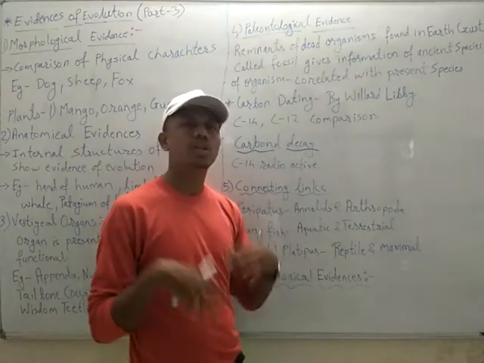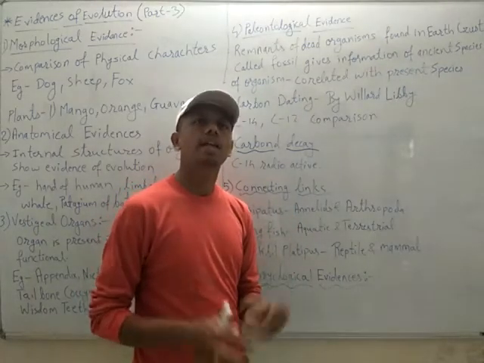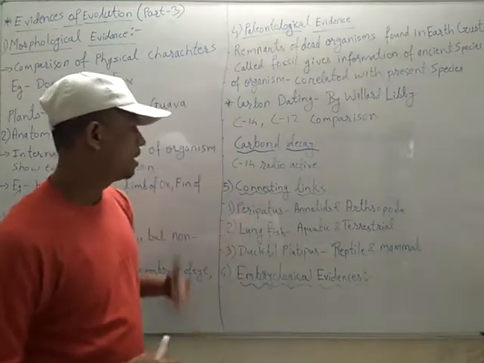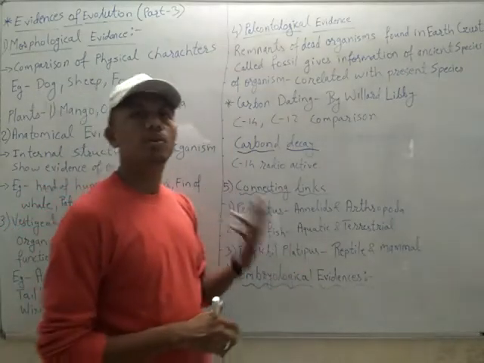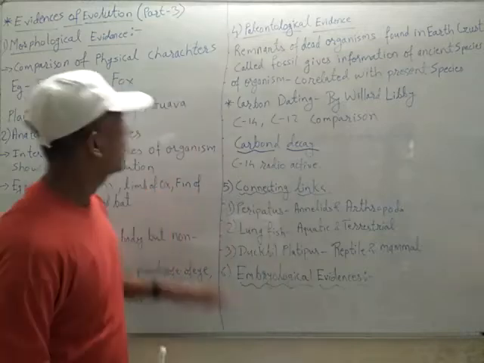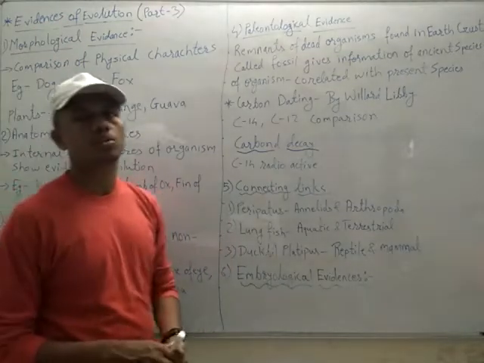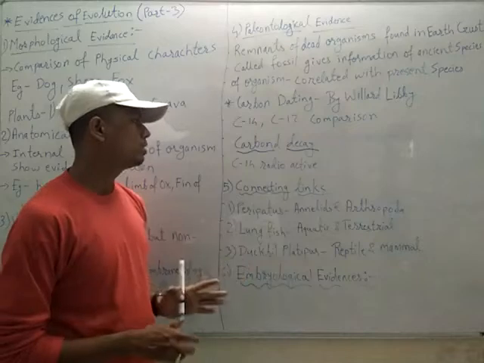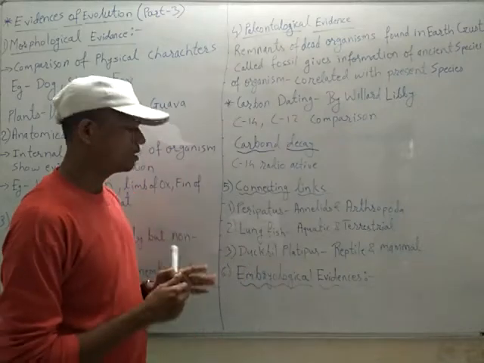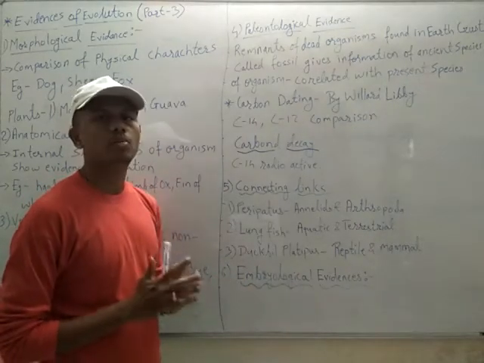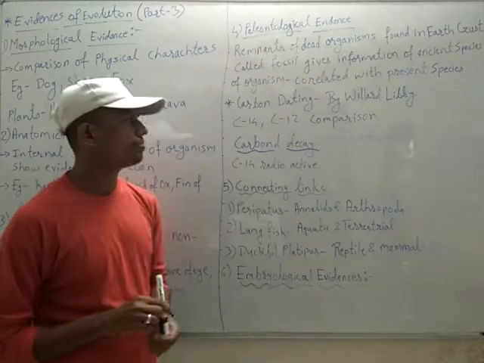Due to that, they changed their body characters, and this change in body characters gave rise to different types of organisms. So it acts as evidence of evolution. It is very important that all six evidences suggest to us the process of evolution.